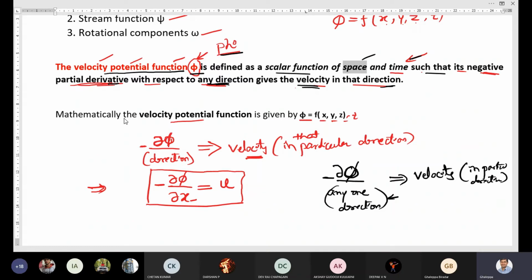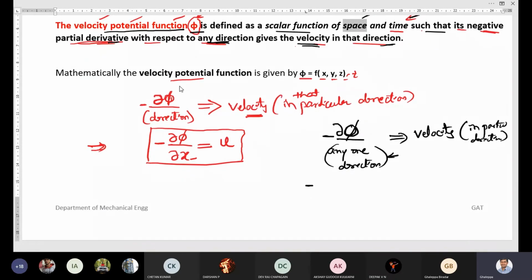Now, dear students, can you apply it for the y direction? The negative derivative of the velocity potential function with respect to the y direction will give the velocity in the y direction. Velocity in y direction is represented by v.